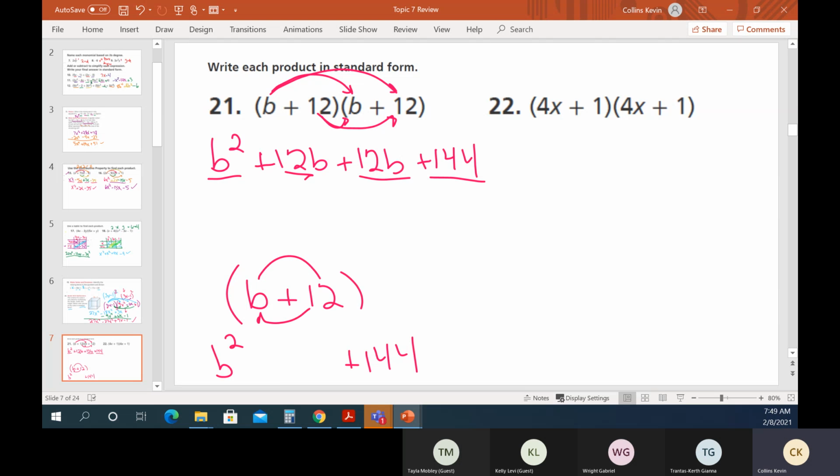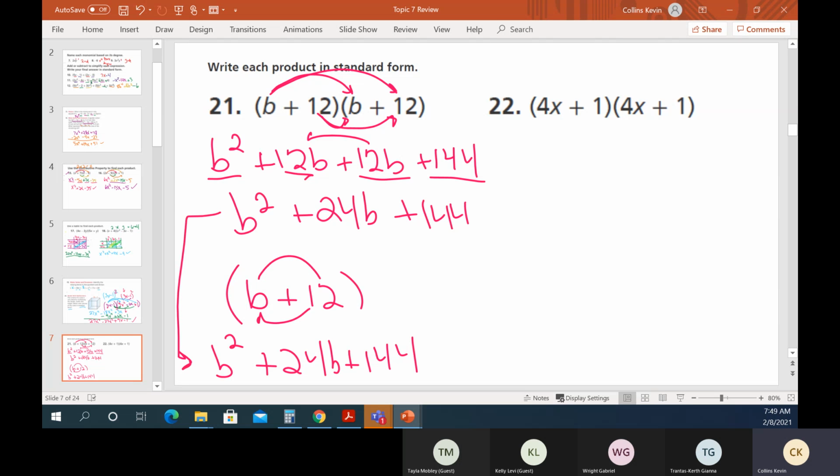So then we just take 12 times b as 12b, double it up. That's going to be 24b. And then same thing here. We just bring this guy down, b squared, bring this guy down, 144. And then add these two guys together, 12 and 12 is 24b. And we notice that these guys are exactly the same as expected.